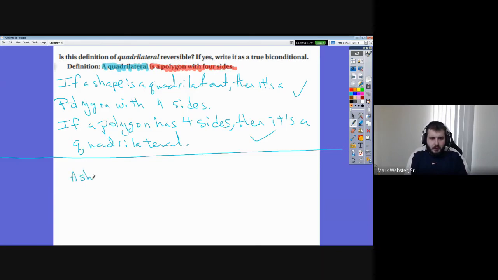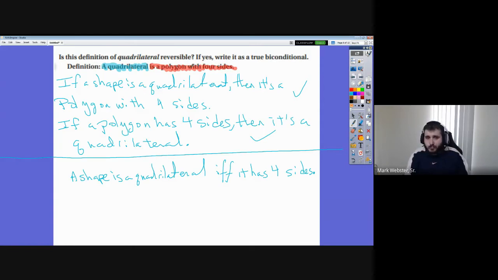A shape is a quadrilateral if and only if, I'm going to do the IFF, it has 4 sides. Notice, all of these words here are very specific.